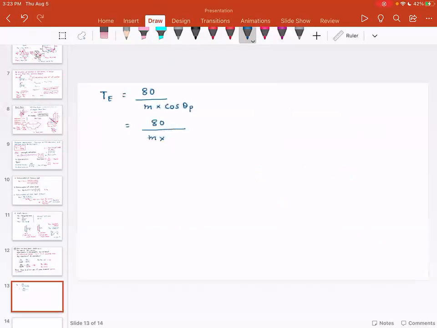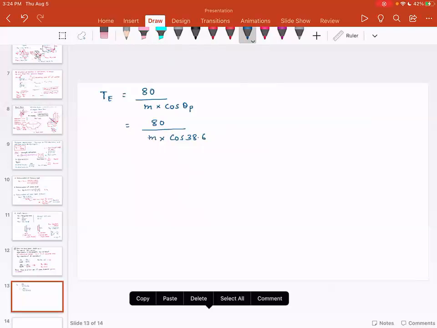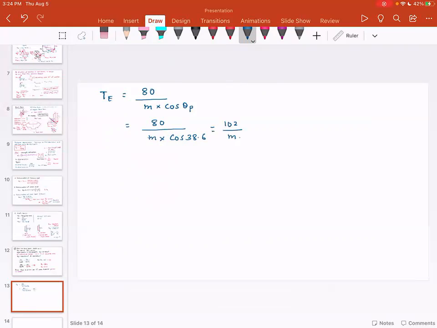Theta p is 38.6. And that comes out to be about 102 divided by m.